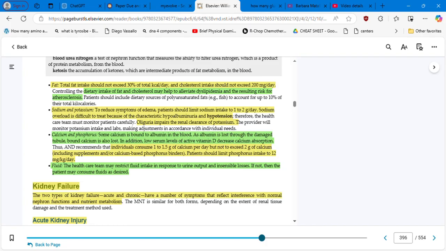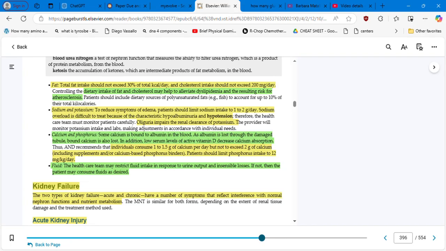Let's talk about sodium and potassium. To reduce symptoms of edema, patients should limit sodium intake to 1 to 2 grams per day. Sodium overload is difficult to treat because of the characteristic hypoalbuminemia and hypotension, and oliguria impairs the renal clearance of potassium.